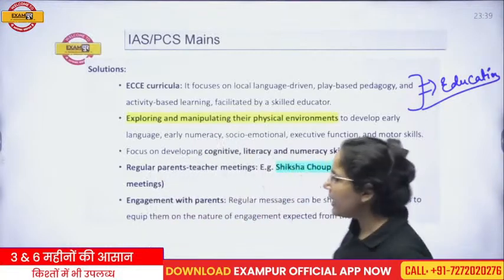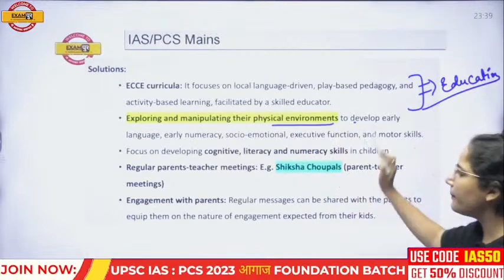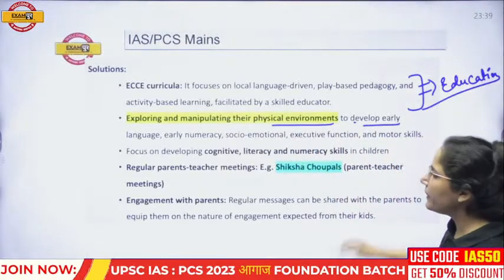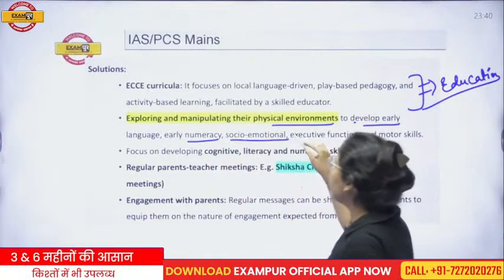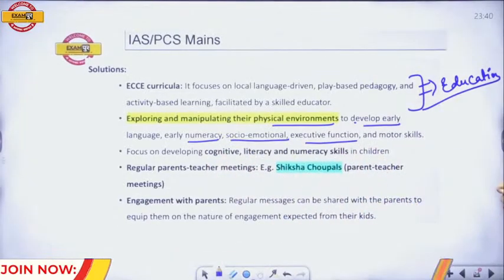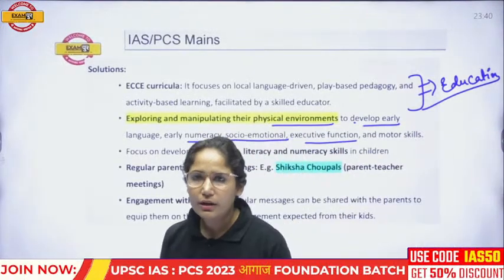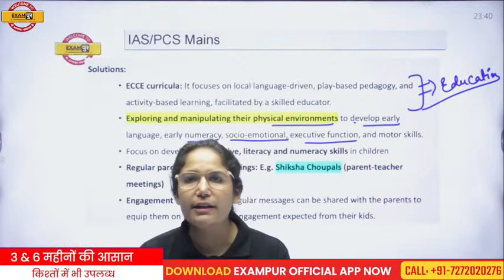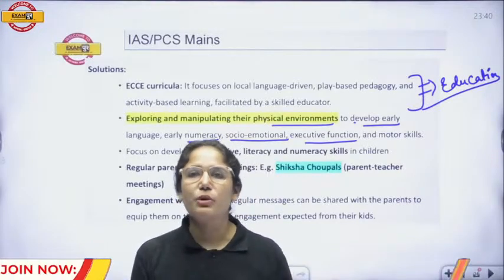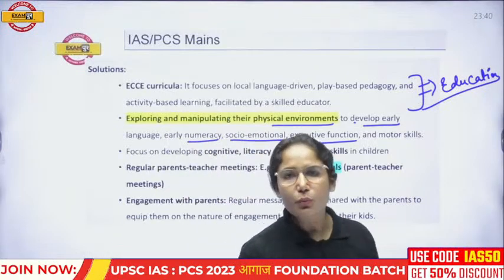So such kinds of parameters we need to look at. Exploring and manipulating the physical environment to develop early development and early language, numeracy, emotional, executive planning, what kind of conditions you are getting along. So these are the skills you have to focus on, so that you can make a judgment about productivity, how productively our children are moving forward.